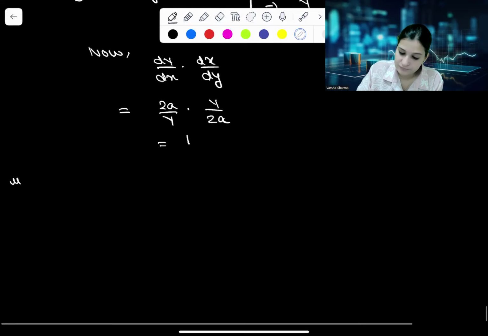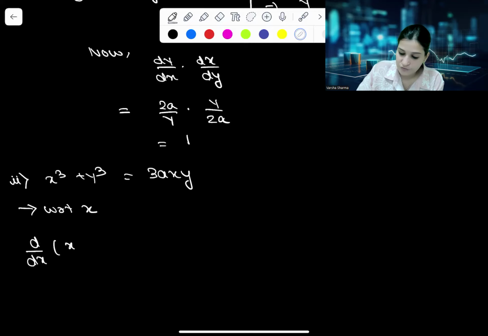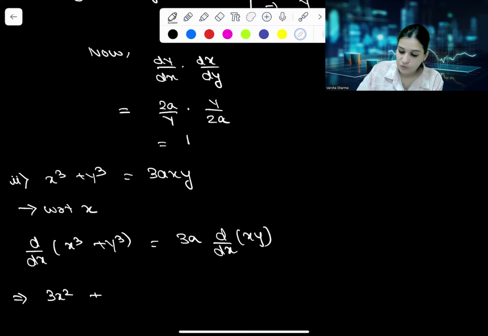Similarly, second one. x cube plus y cube equals 3axy. Let us first differentiate with respect to x. d dx of x cube plus y cube. Differentiation of x cube is 3x square. y cube is 3y square dy by dx.